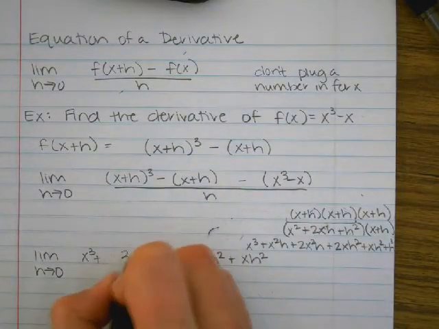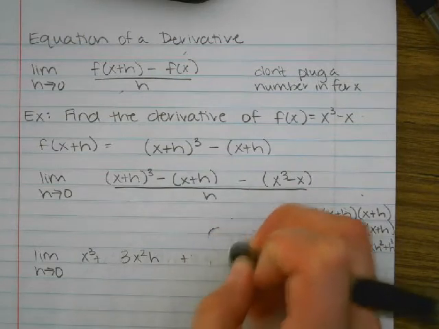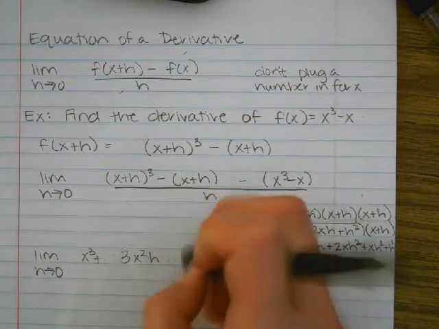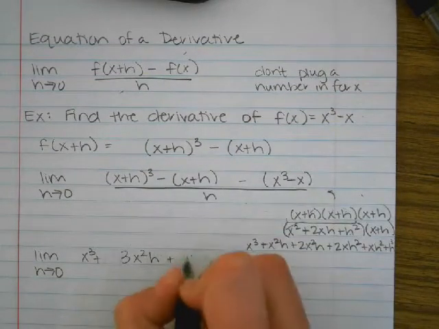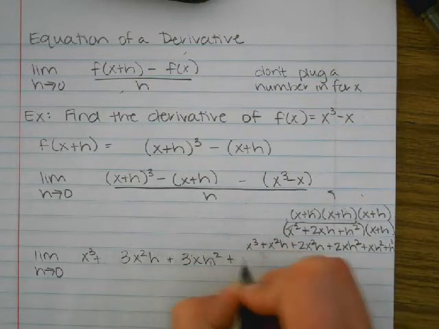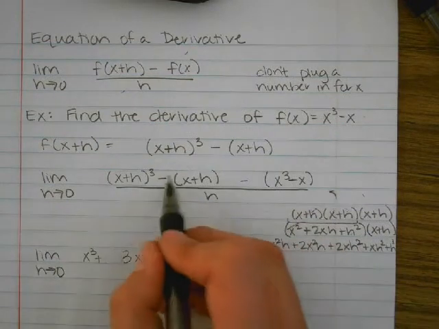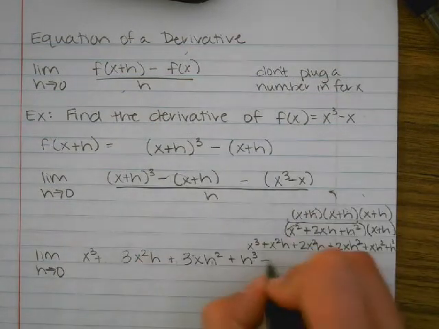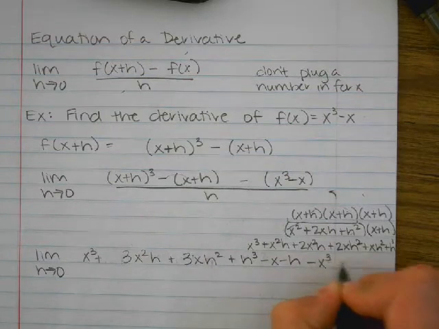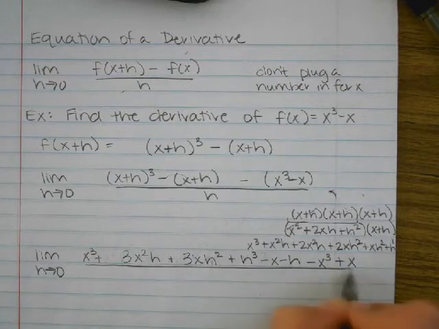So plus 3x squared h and 3xh squared, and then plus h to the third. And then I have minus x minus h, and then I have minus x to the third plus x. And that whole thing is divided by h.